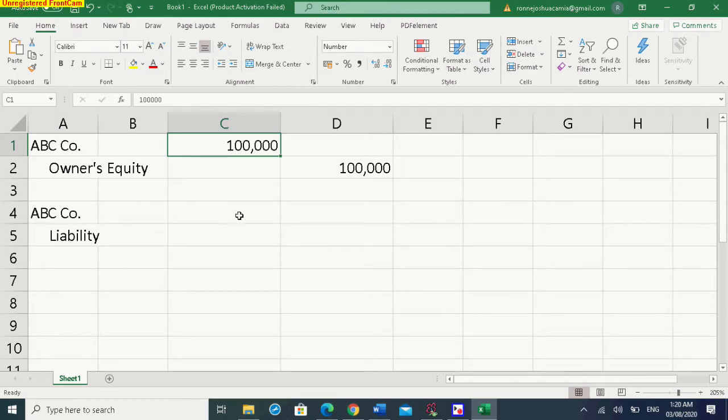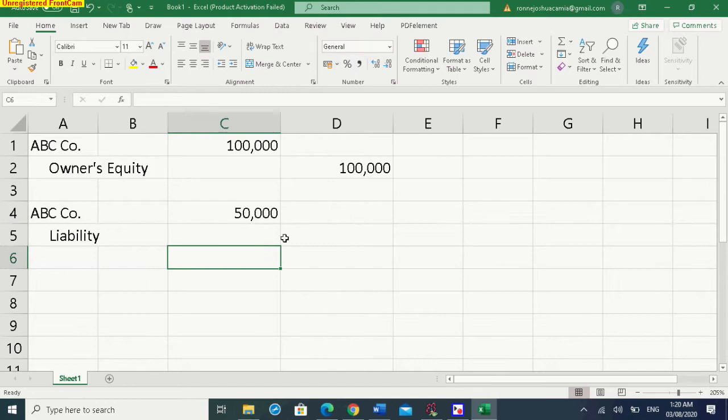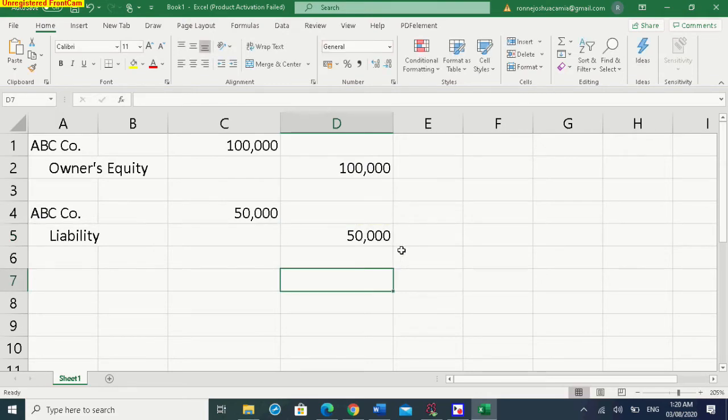Example for liability: the company wanted to borrow money, let's say 50,000, from someone. That means they owe 50,000 to another person or another company.